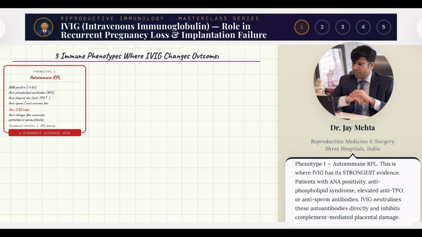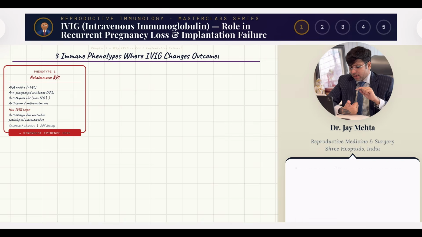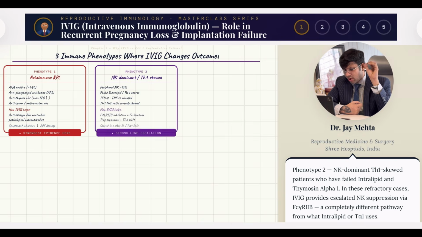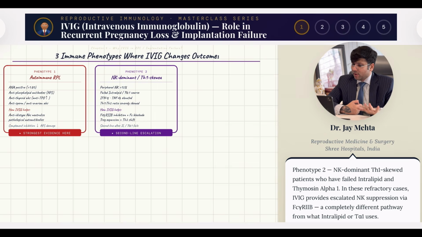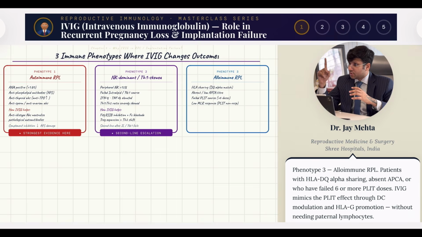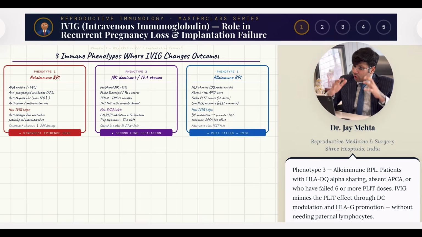Right? Now remember one thing. In idiopathic autoimmune recurrent pregnancy loss, this is where you have the strongest evidence to use IVIG for that particular patient. Basically, in situations where you are not exactly sure. Okay, that is one. Second, where there is autoimmune recurrent pregnancy loss, that means autoimmune of any type, which has been resistant, like anti-TPO is present.